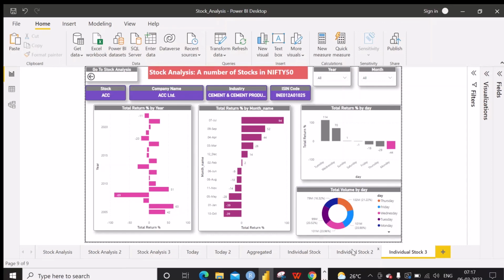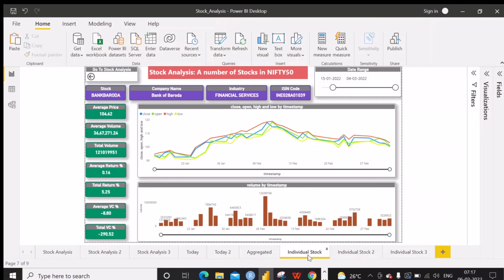In some other way, you can use a particular date range. So this kind of information we can get from this application. The main advantage is you can get most of the information in a short period of time, within a minute or within a few minutes. That is the advantage of this application.